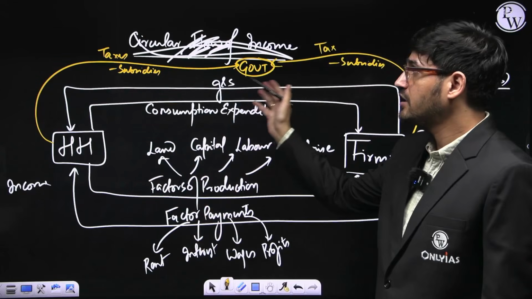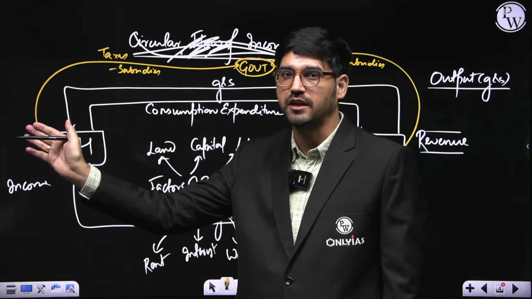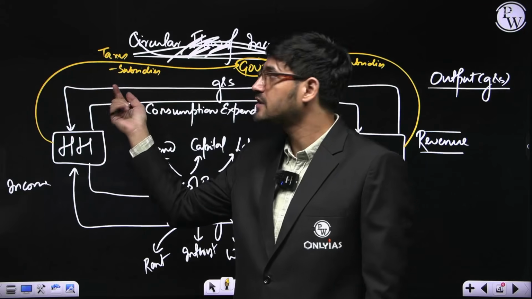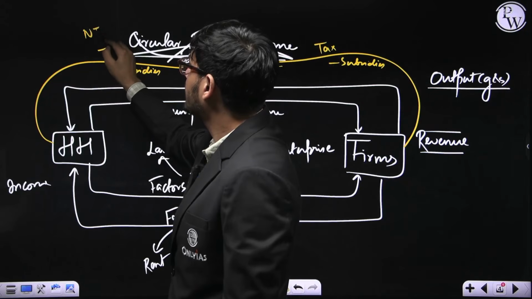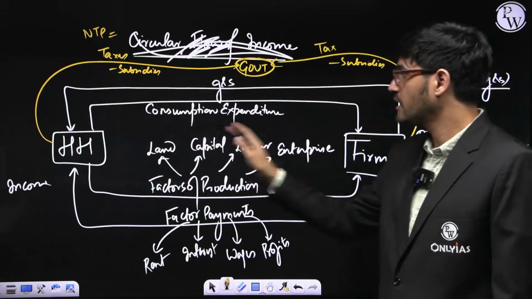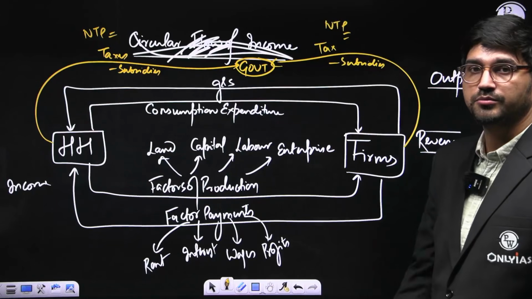The government takes away taxes from you, but sometimes also gives you subsidies. So net, it collects what is called taxes minus subsidies. This is what we call net tax payments. It collects some net tax from the households. It collects some net tax from the firms also.